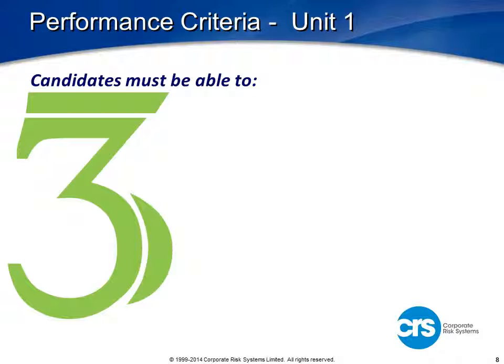A simple guide is: the stronger your evidence, the less you need to write in your reflective report. The weaker your evidence, the more you need to write in your reflective report. For each element, you need to show that you have covered each of the 3 performance criteria, and this will usually be completed by 2 or 3 pieces of evidence and a reflective report.